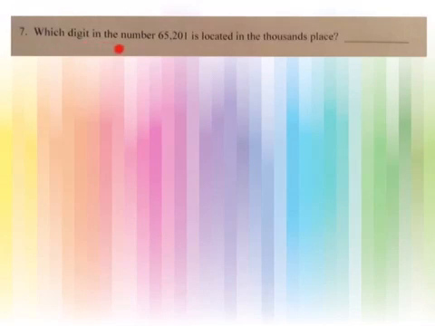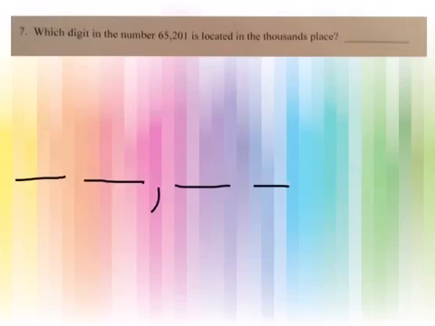Okay, number 7. Which digit in the number 65,201 is located in thousands place? Alright, I'm going to go ahead and actually write this out using our place value blank formats. I know that my place down here is the ones place.